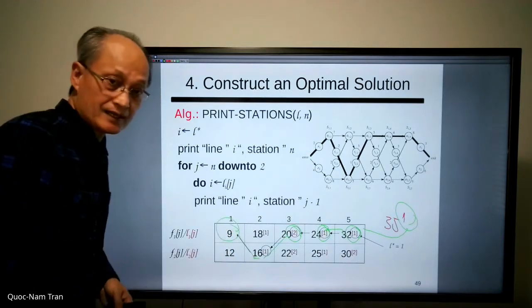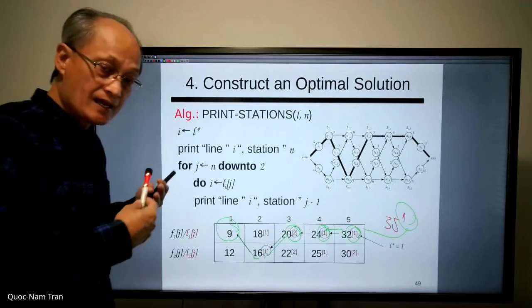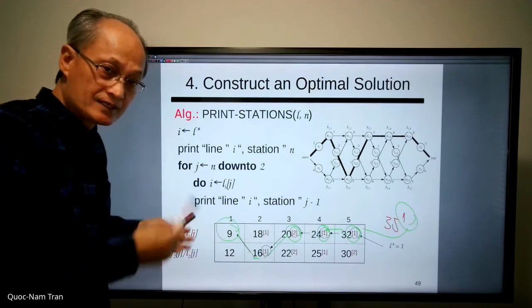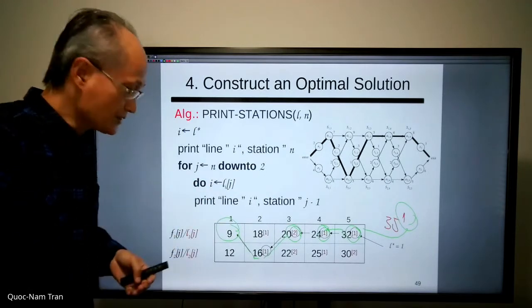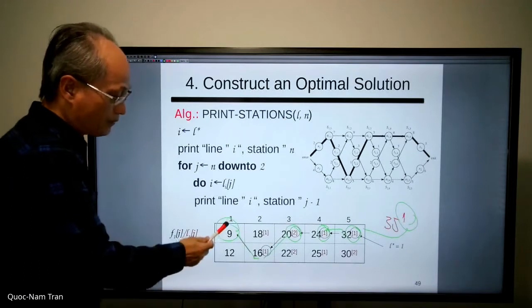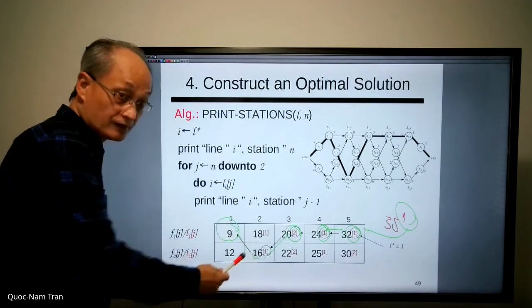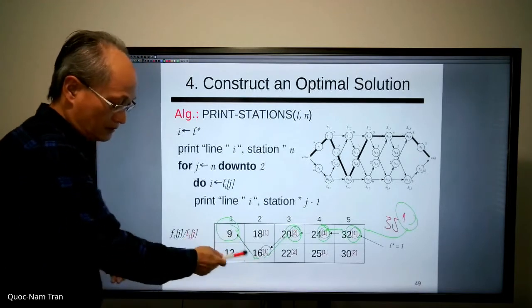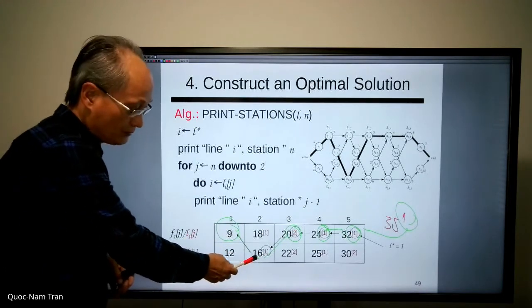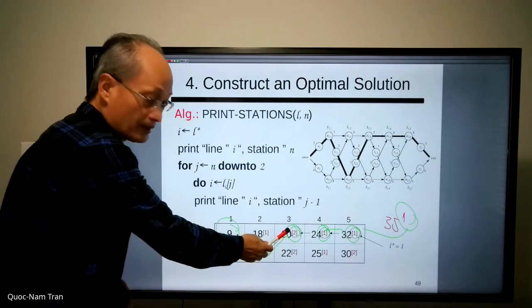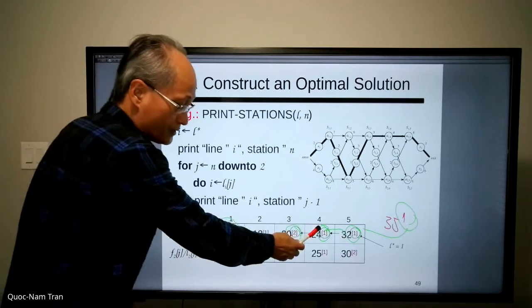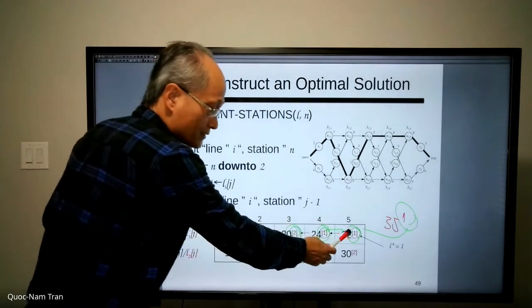So that said, we can bring out the sequence of stations as, okay, F11, okay, F22, or station 2 of line 2, right? And then station 3 of line 1, and then station 4 of line 1, and then station 5 of line 1.